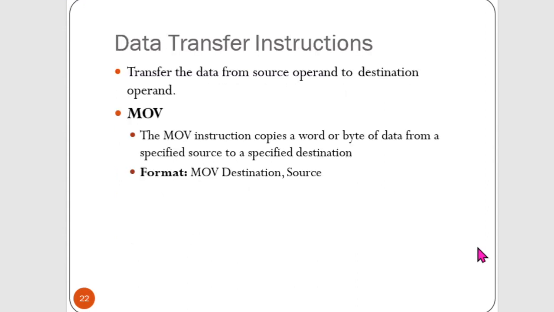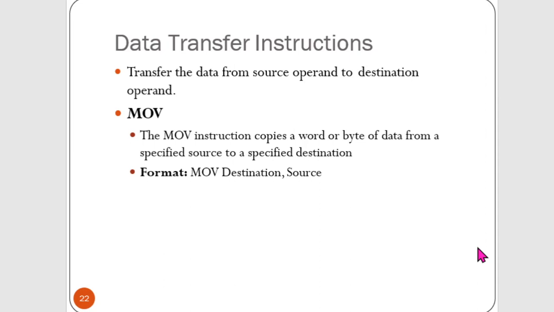Now the first instruction that we see, the data transfer instruction, is the one where data is transferred from the source operand to the destination operand. MOV is the mnemonic for the move instruction. A move instruction copies a word or a byte of data from a specified source operand to a destination operand.